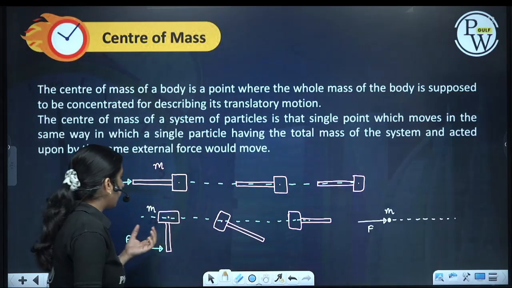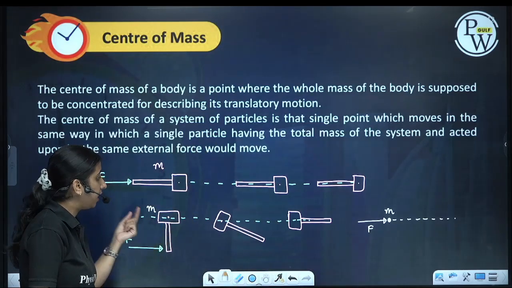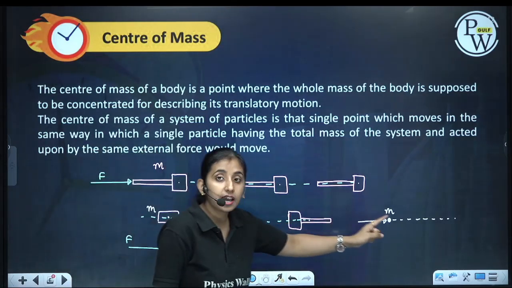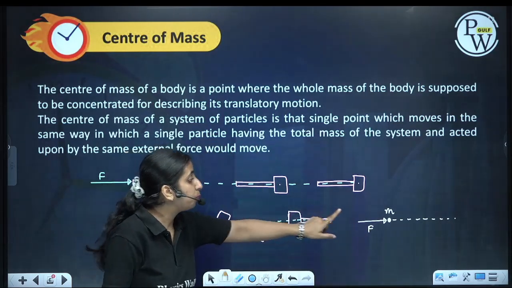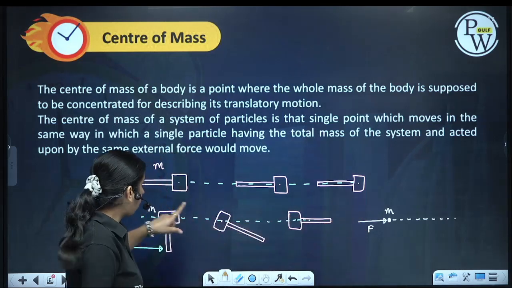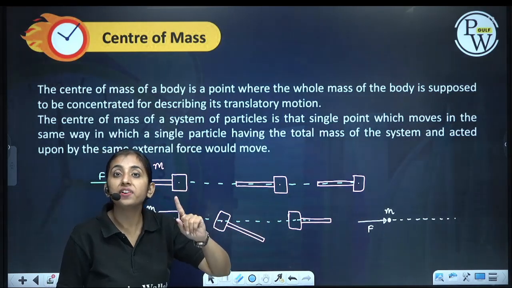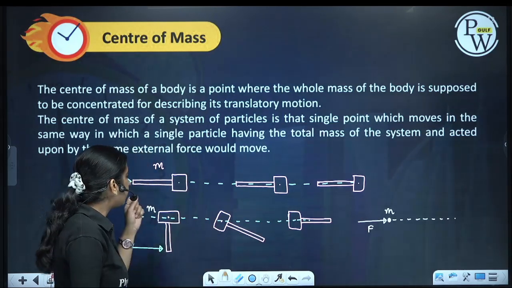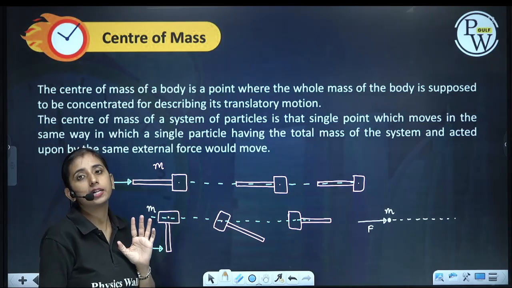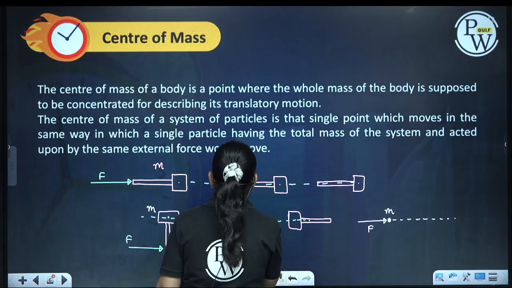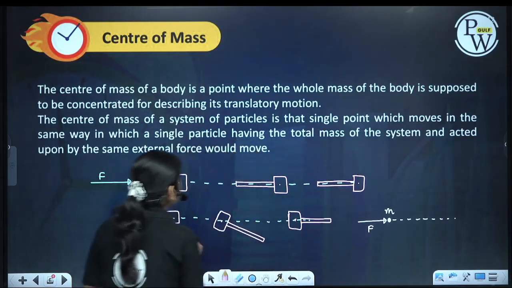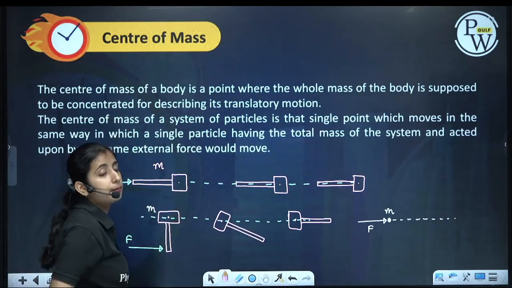There is a point on this rigid body which is moving in the same way as this point mass particle under the same force. Then this point is called the center of mass. So what is center of mass?